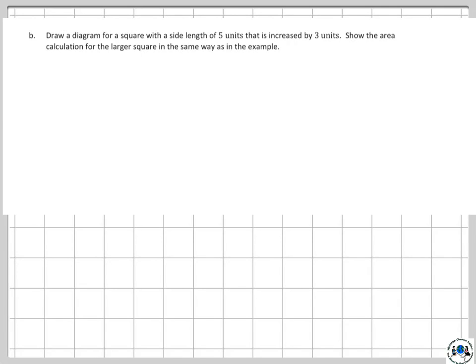So here we go. Another example, to help us get closer and closer to making this connection between these area models and algebraic expressions. You're going to draw a diagram for a square with a side length of 5 units that is increased by 3 units.